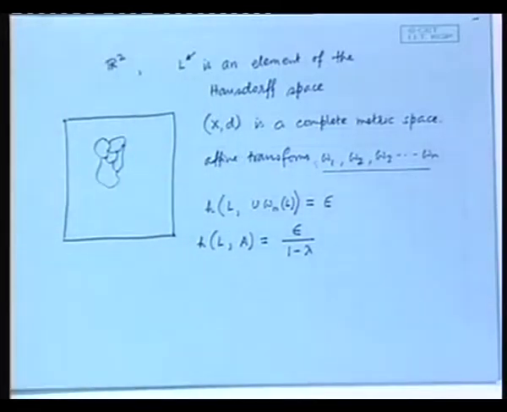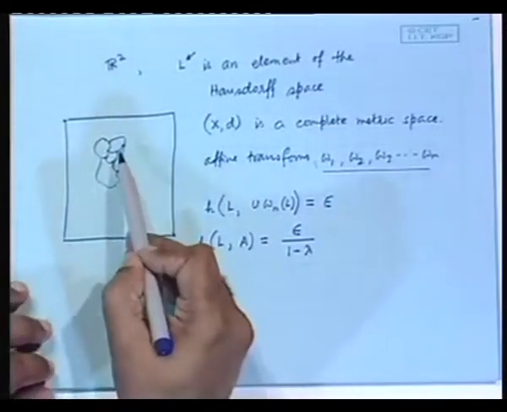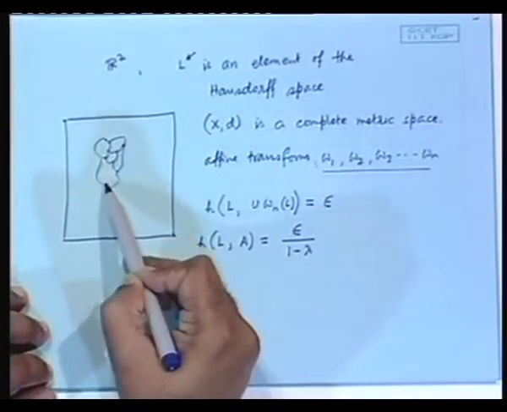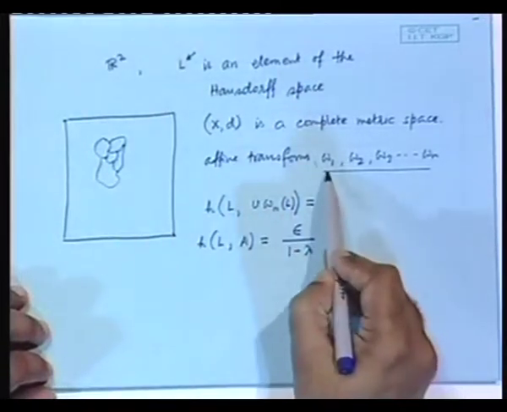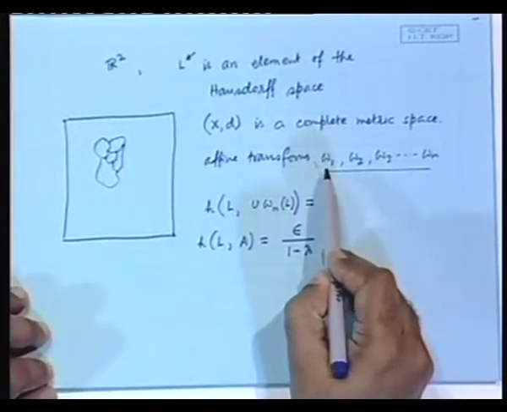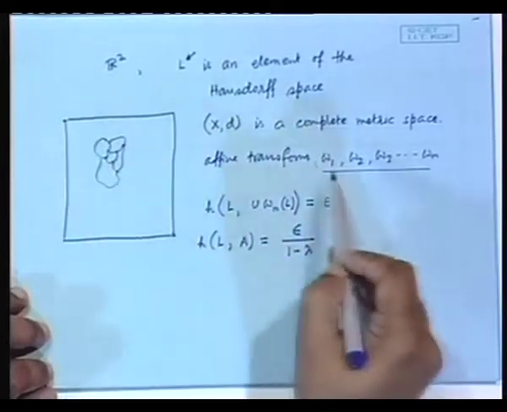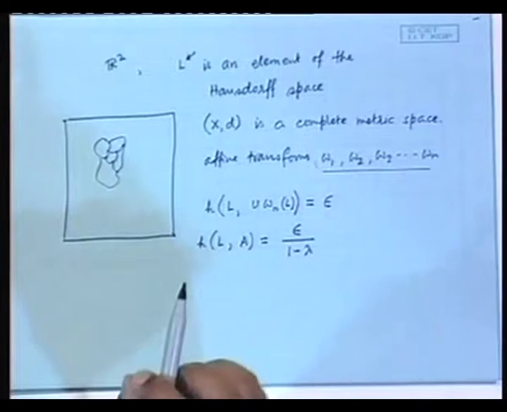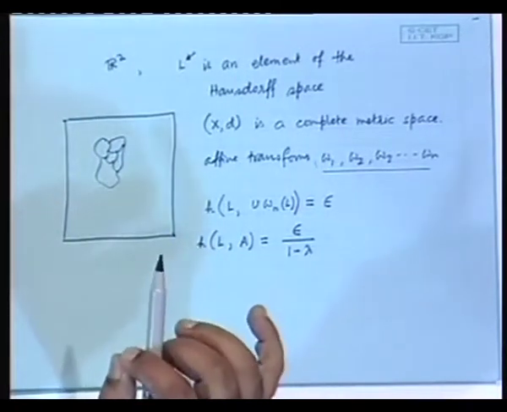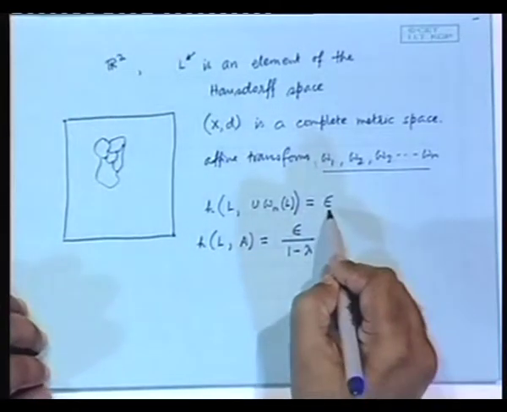What does it say physically? We have started with some image, we will somehow find the affine transformations so that you get parts of that image, so that the union becomes as close to the original image as possible. That distance is our epsilon.